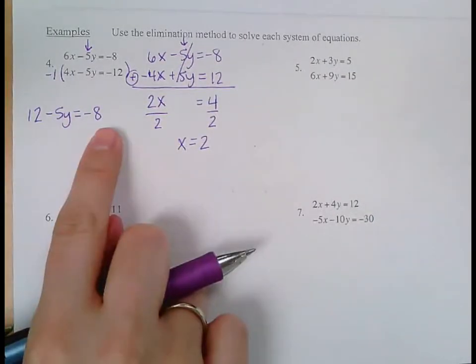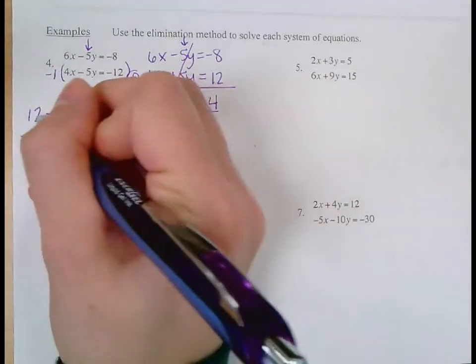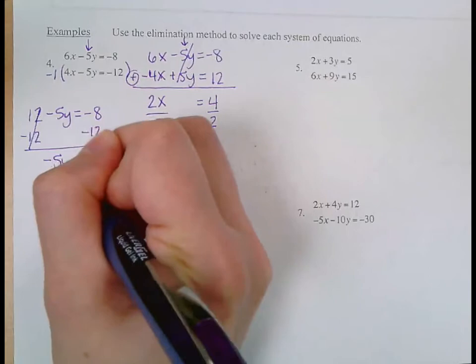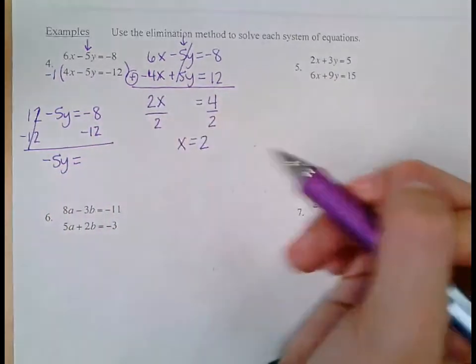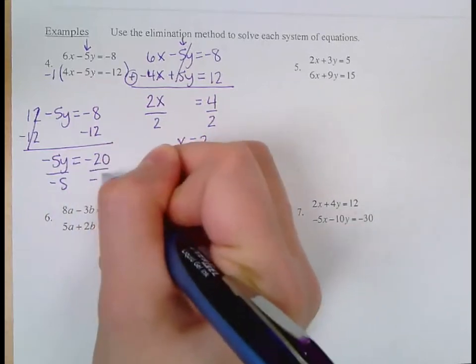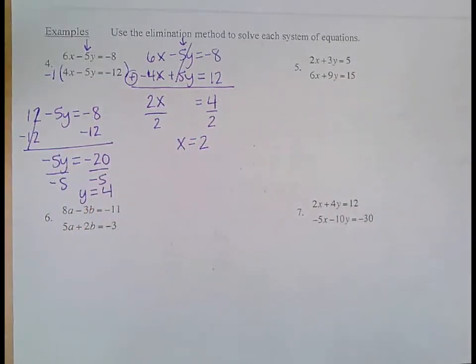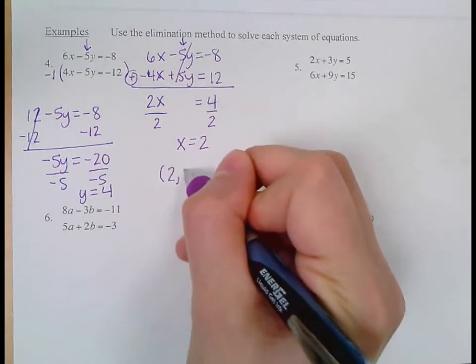And then solve this equation for y. So subtract 12 from each side. Bring down the negative 5y equals negative 8 minus 12 is negative 20. Divide by negative 5, and y would be positive 4. So then the ordered pair is 2, 4.